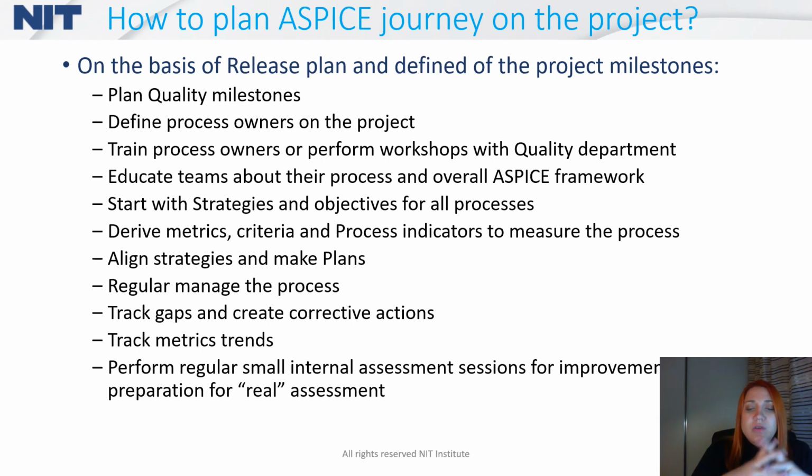Then you always need to start from strategies and objectives for all the processes. It means that you need to write all the processes in a way that they have a strategy and an objective which can be measured.